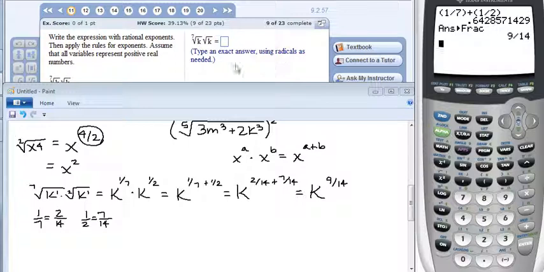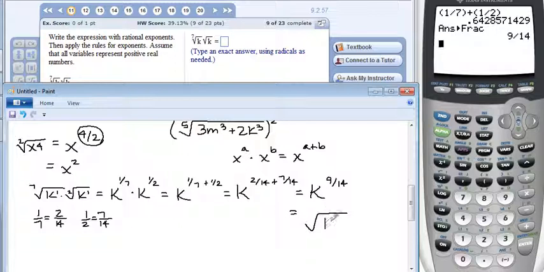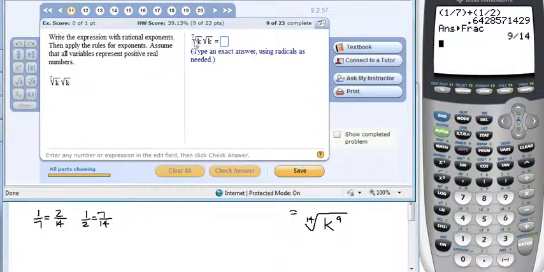Okay, so this is telling us to use our exponential to radical notation to get it back into a radical. So I have to change this back. What do I have? I have k to the 9th to the 14th. Is this multiple choice? It's not. So I have a 14th root, and I have k.